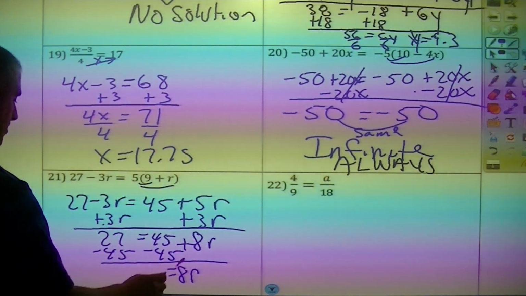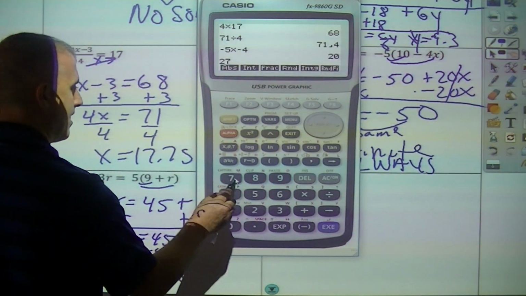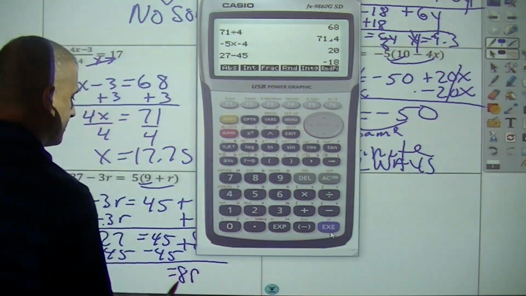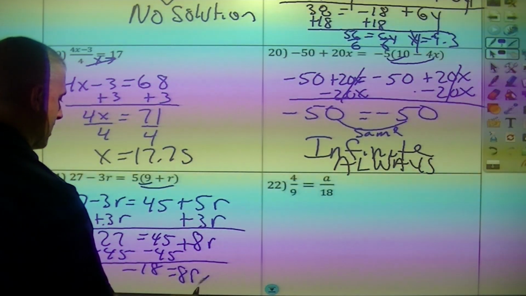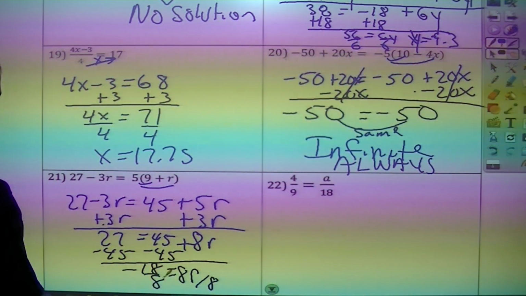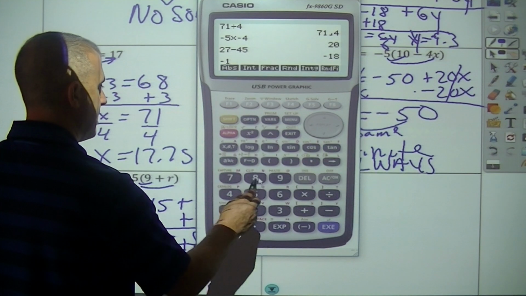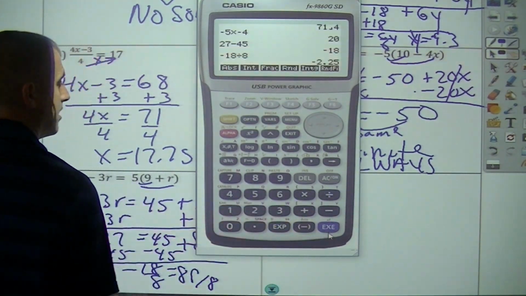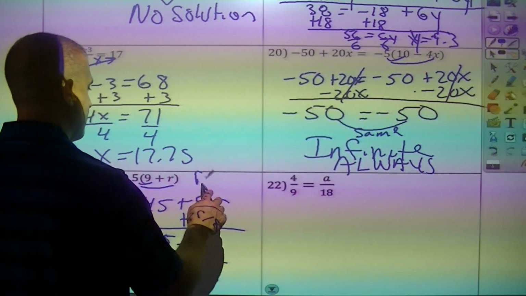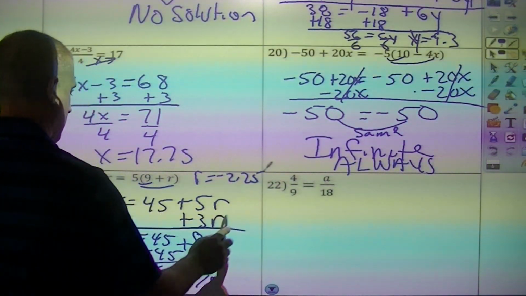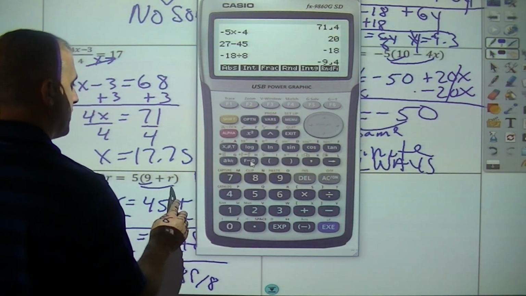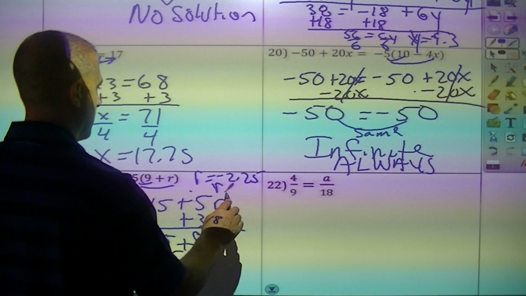So that's 8r equals 27 minus 45, which is negative 18. And then I have to divide by 8. Negative 18 divided by 8 is negative 2.25. If I hit the fraction-decimal, it's negative 9/4.